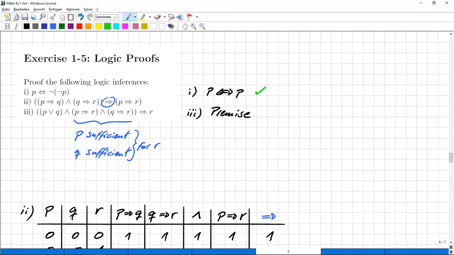The second is, I think the best way is the truth table again. But let's look at it first. So it says, see the parentheses, okay? It says, if P implies Q and Q implies R, it follows that P implies R. So if you look at this, you could even give it a name.